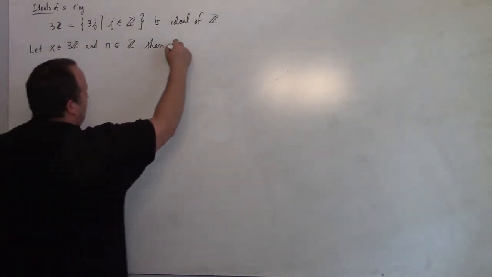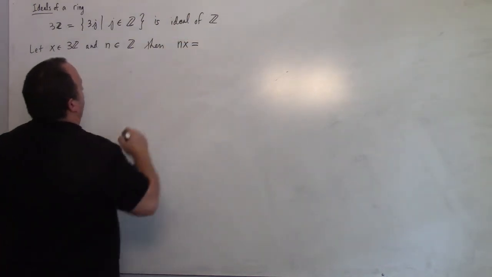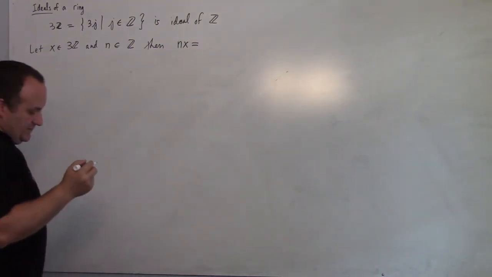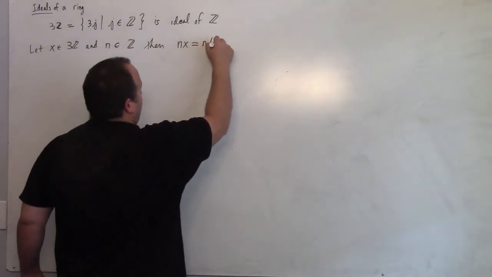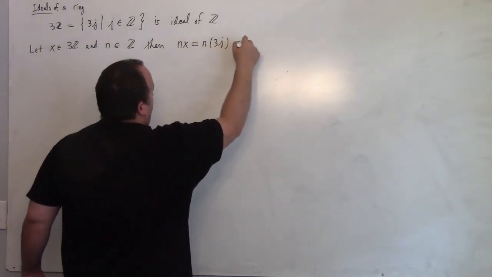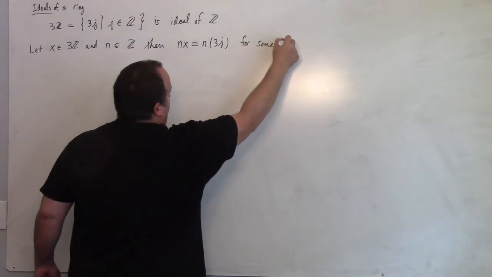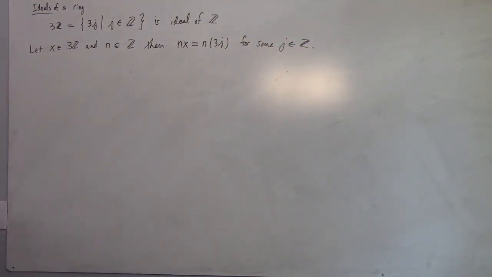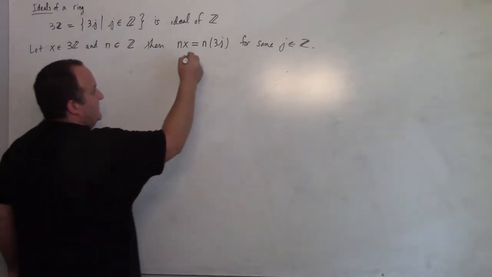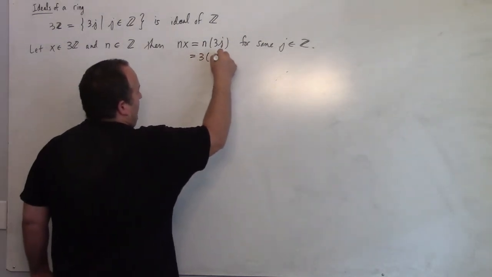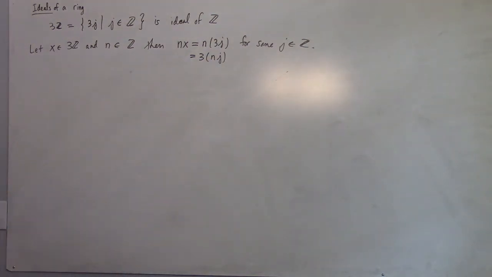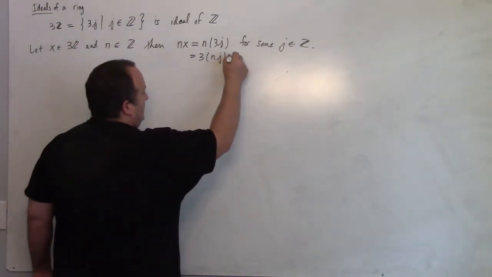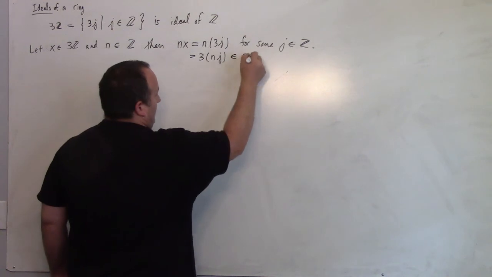Then nx is equal to n times 3j for some j, by definition of 3Z. And of course that's equal to 3 times nj, and so that's an element of 3Z again.